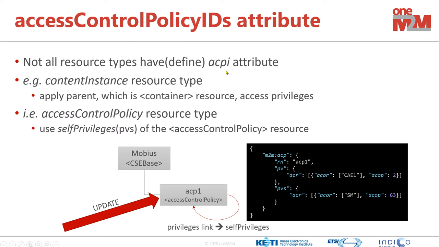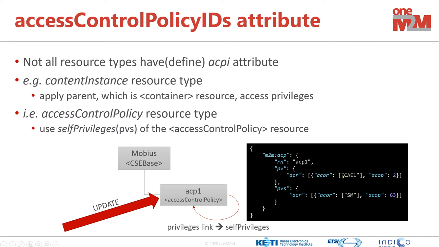Then how do we use the access control policy resource for that? In case of content instance, it uses the parent resource's access privilege setting, which is the container resource.